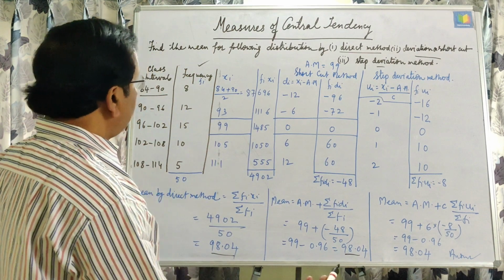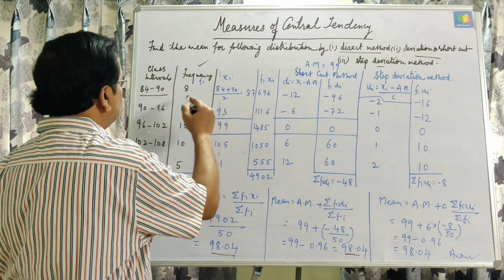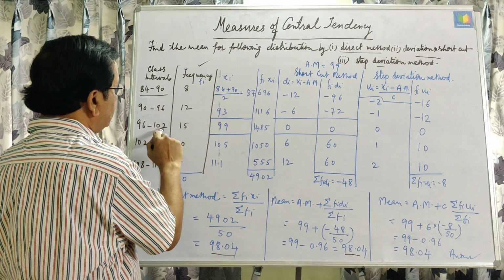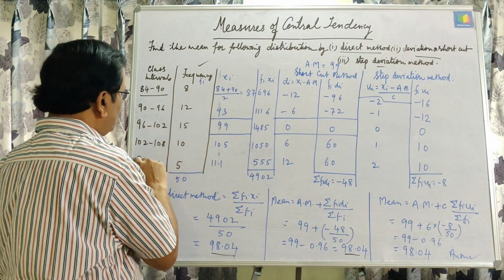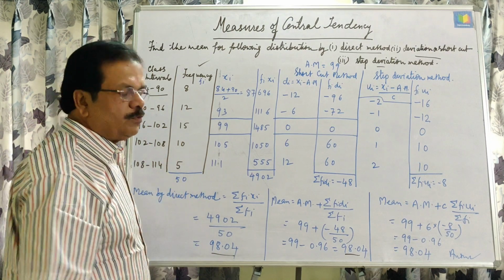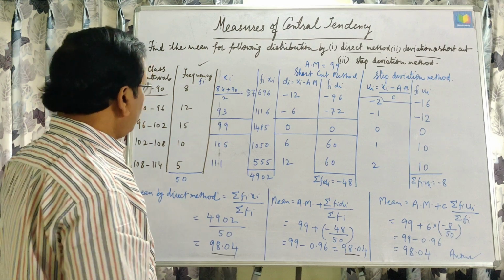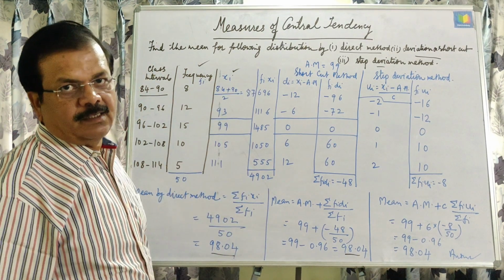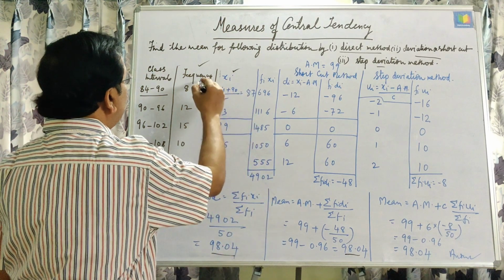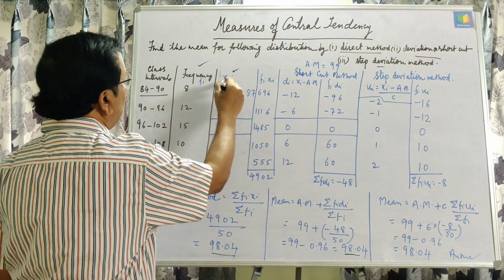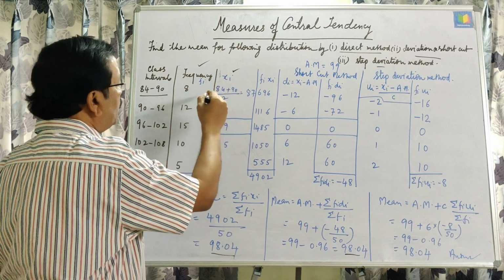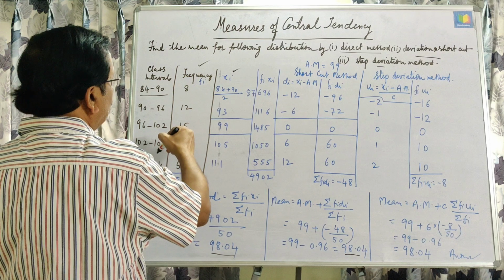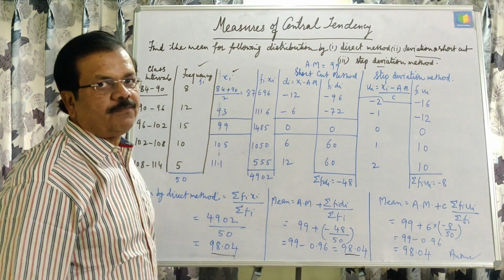Now you see here, taking the direct method first: 84 to 90, 90 to 96, 96 to 102, 102 to 108, and 108 to 114. First of all, we find the class mark. I am writing i in each row, where i corresponds to the number of the row. Suppose there are 5 rows, then the last value will be 5.